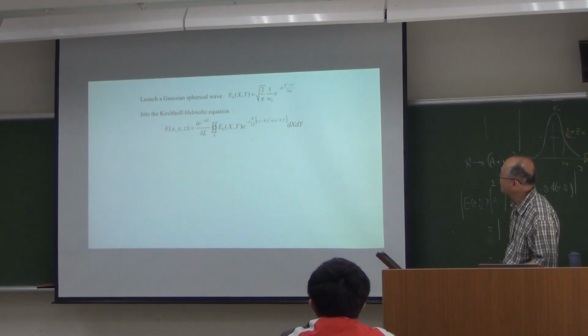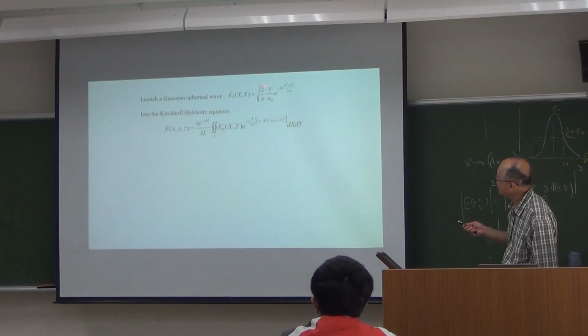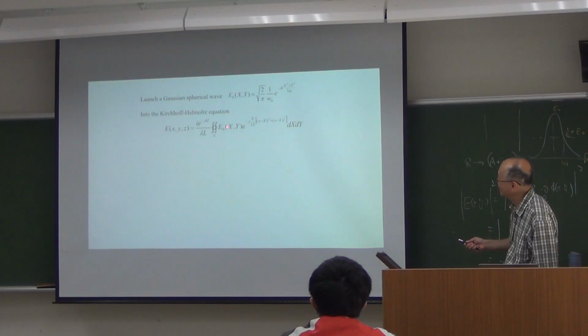All right. So now you have a Gaussian spherical wave given by this and complex radial curvature to start with from this location. Okay, you have this. You put this into the Fourier diffraction formula to start with. Then you start to propagate the wave along the z direction.